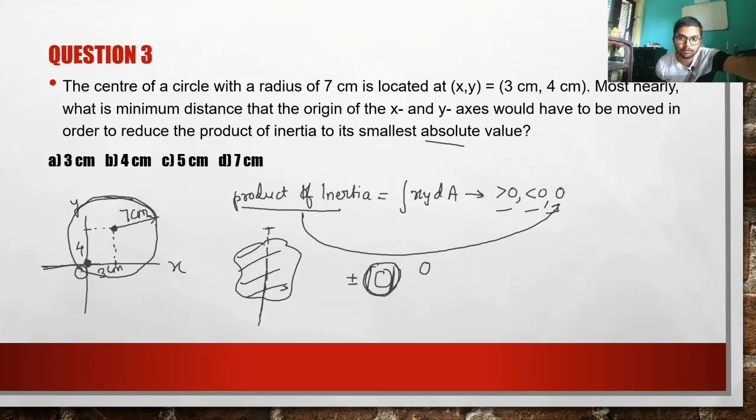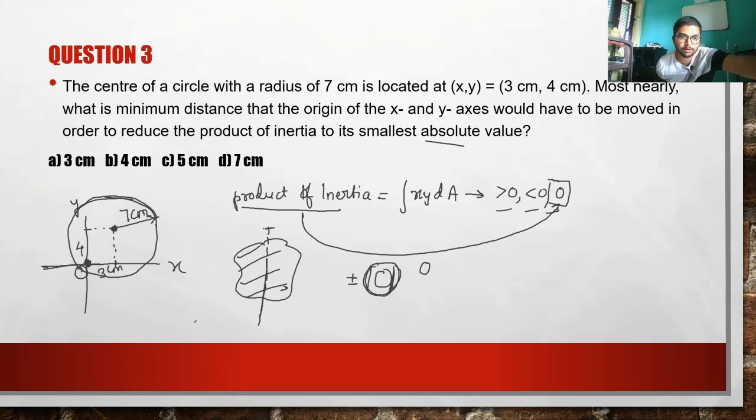So we have to find the minimum distance which this origin should be moved such that we have 0 product of inertia. When we want 0, we have to shift this origin such that either the x-axis or y-axis or both become a symmetry axis about which the circle will be symmetric.